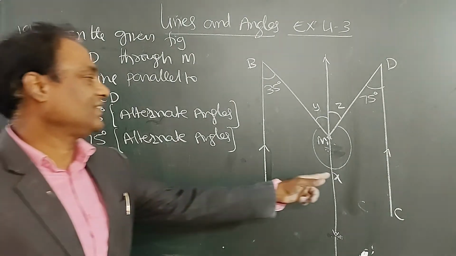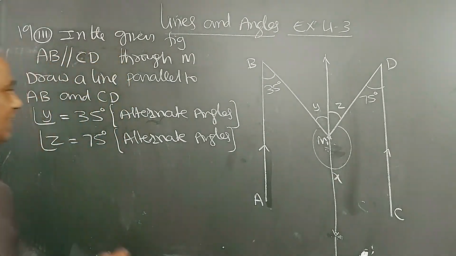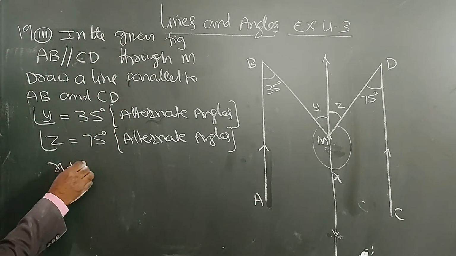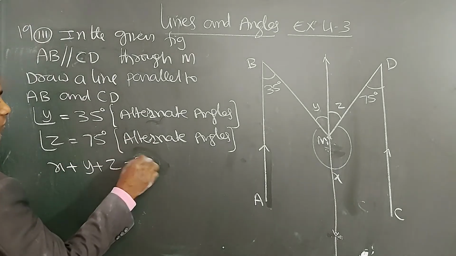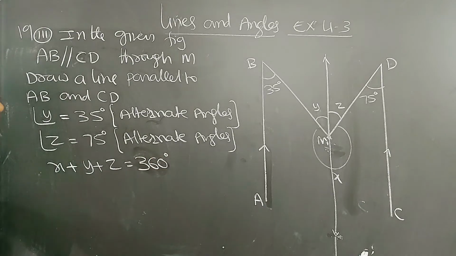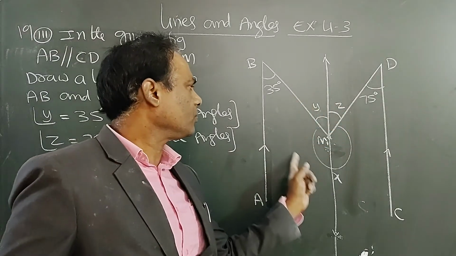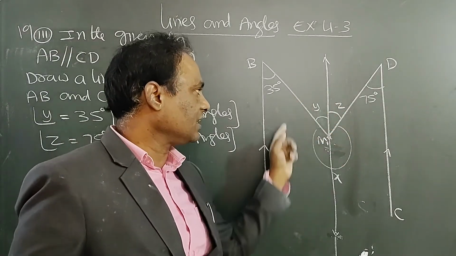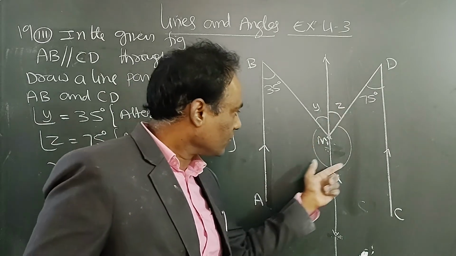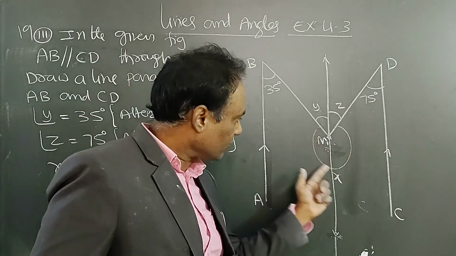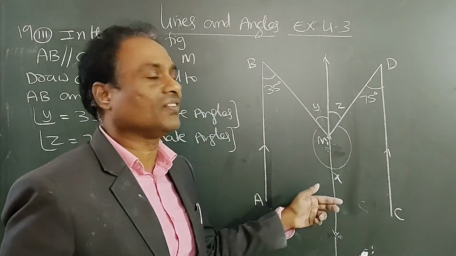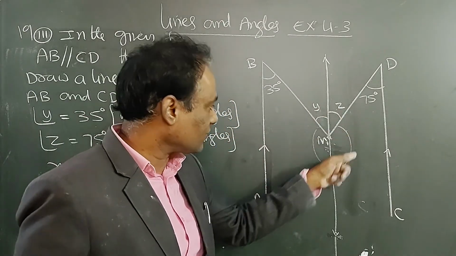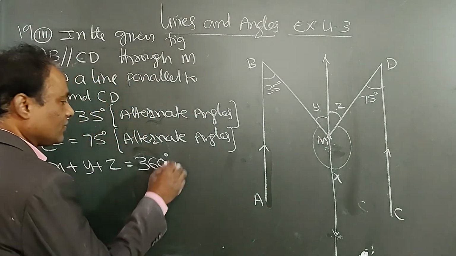Then, actually the question is X. See here, students, X plus Y plus Z is equal to 360. Total angle, students. What is the total sum? Round angle, circle angle, total angle. X plus Y plus Z, the total is 360.